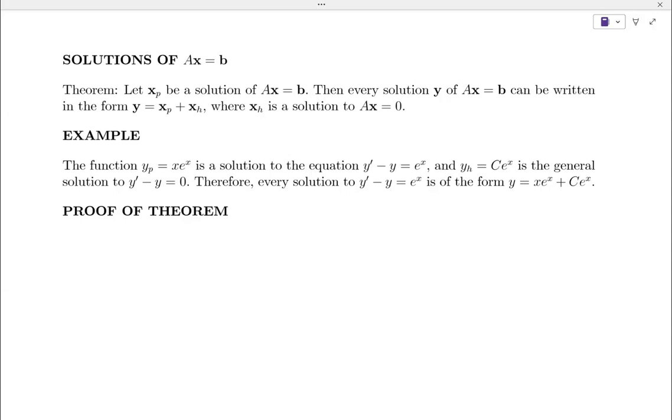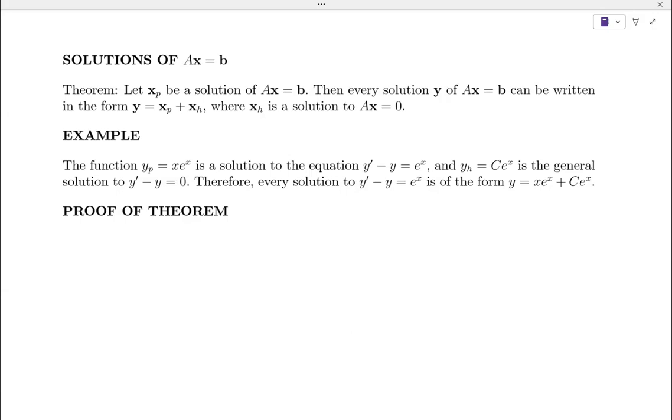But you can check that that is a solution. And then if I replace this with a 0, well, we've already talked about what function is its own derivative. e to the x works, and then a constant times e to the x works. So the associated homogeneous equation has solution a constant times e to the x.